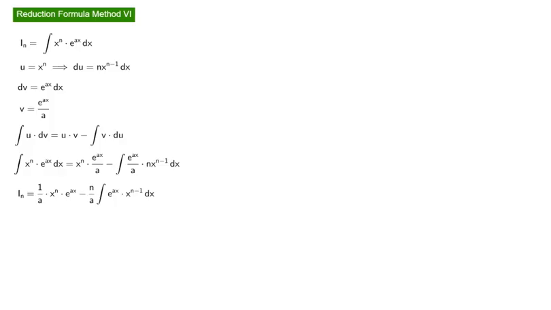Now, let's look at a very interesting result based on this. Here a is equal to minus 1, so e to the power of ax becomes e to the power of minus x. The definite integral we are going to look at is I sub n equal to the integral from 0 to infinity of x to the power of n times e to the power of minus x dx.